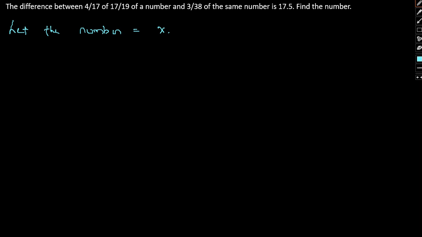So we can actually write this as 4 by 17th of 17 by 19th of a number, say the number x, and 3 by 38 of number is equal to 17.5.